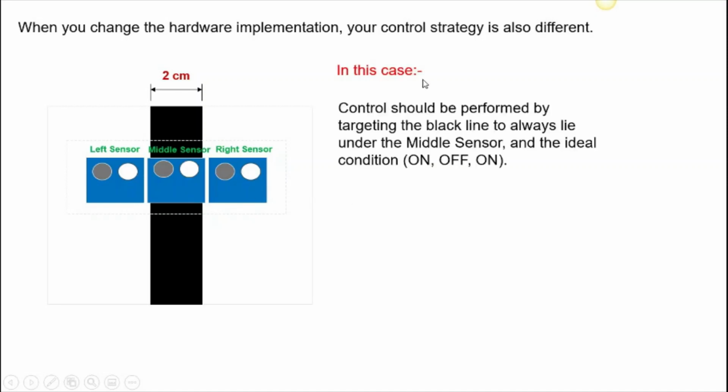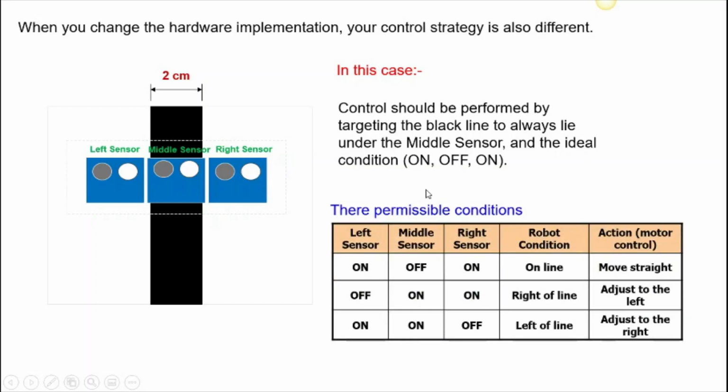In this case, the control should be performed by targeting the black line to always lie under the middle sensor, and the ideal condition for this position is on, off, on. So meaning that the left sensor detects the white background, while the middle sensor detects the black line, and the right sensor detects the white background. So from this target, you must come out with a truth table.